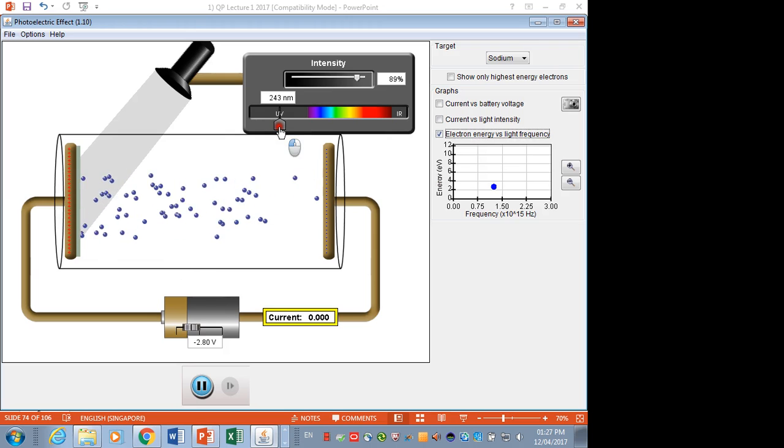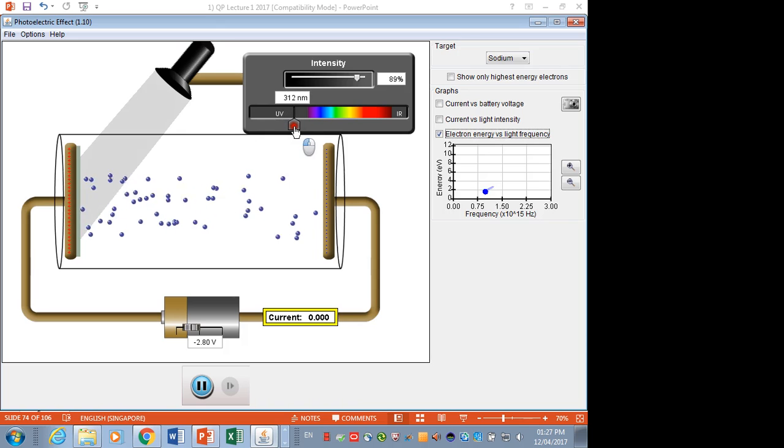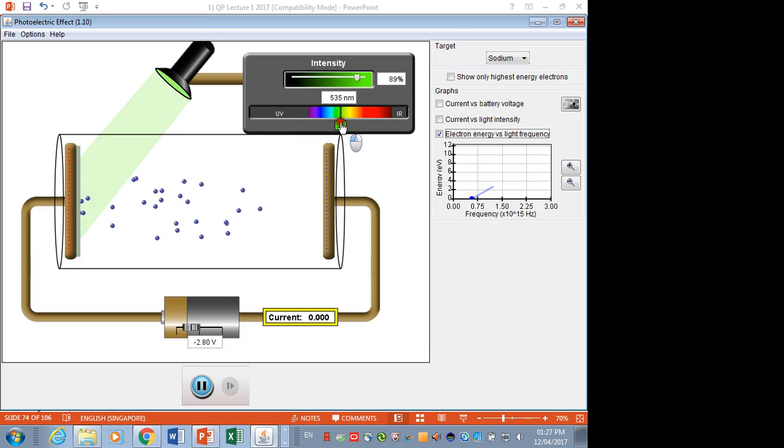Okay, so here is, I will change this. Look at the graph, it changes. You see? The lower the wavelength, which is the higher the frequency, the faster the electrons are coming out.